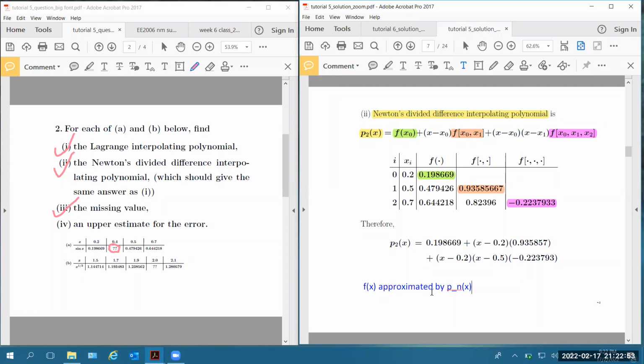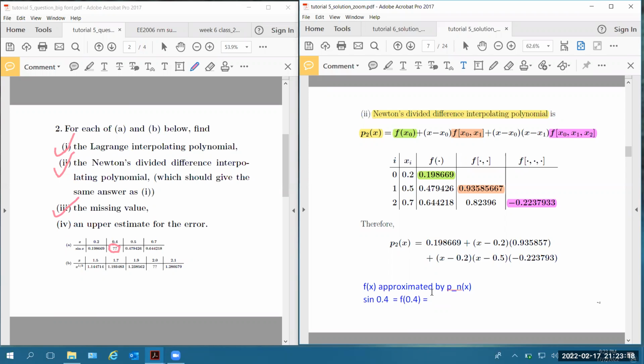So this is an application of the interpolating polynomial. You will just approximate the unknown function by this P_n(x). All right. So therefore, if you want to find sine 0.4, that means your function value at 0.4.